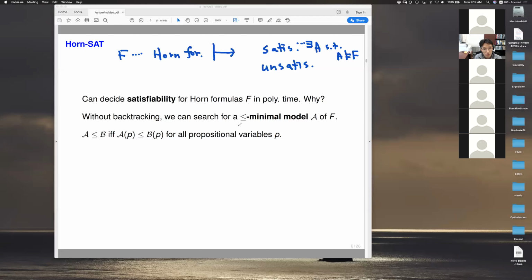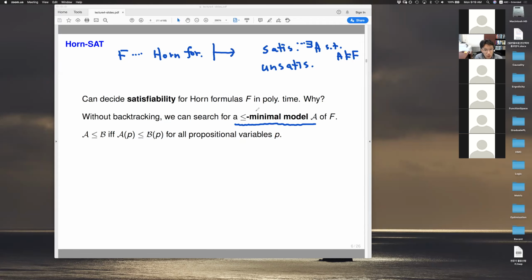Okay. So we're going to define the relation, this order less than. For the model, which is an assignment, a mapping from the propositional variables appearing in F to 0 and 1. So that's what we mean by models. In general, an order can be defined.